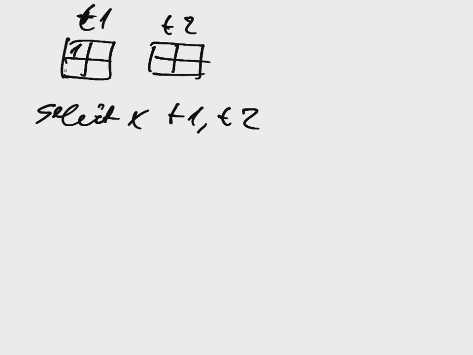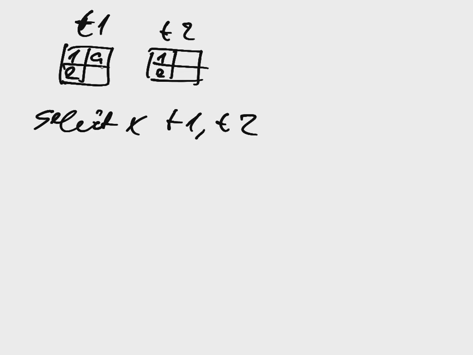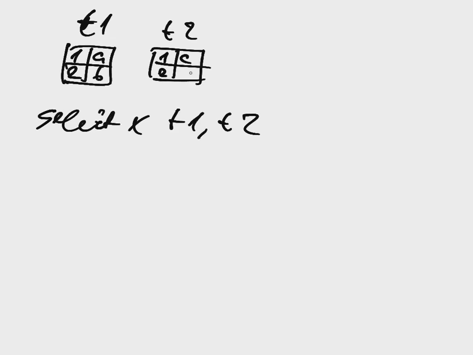So your result will be the first record from the first table and all records from the second table, here C and D. And then the second record from this table and all records from the other table.